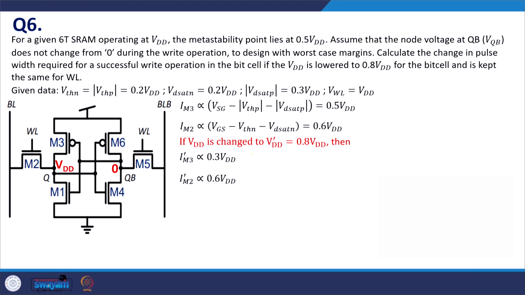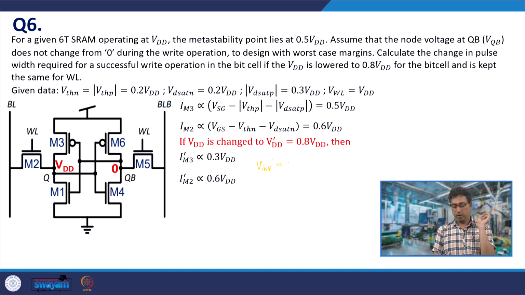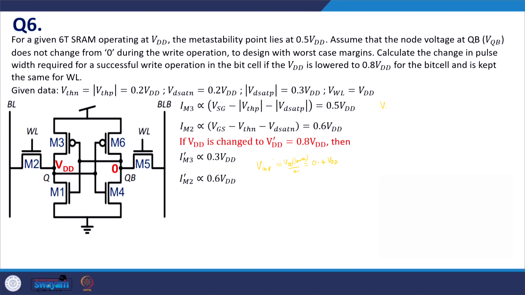So, here we have taken VINV at the metastability point to be VDD by 2, which is 0.4 VDD, for lower VDD.